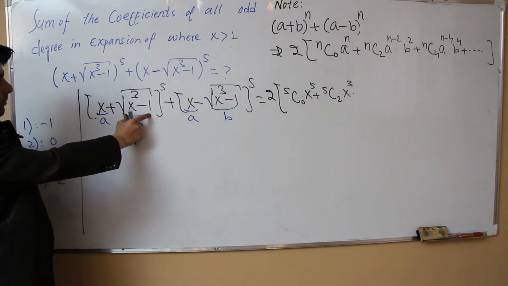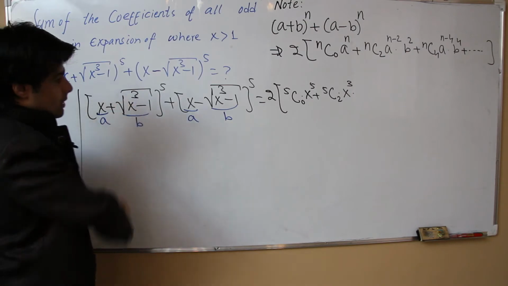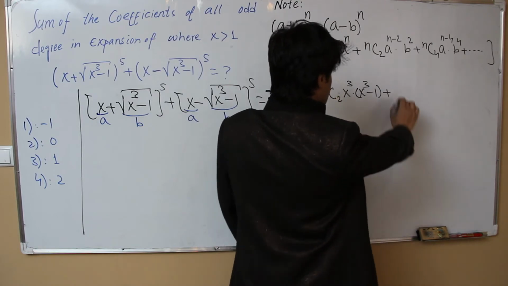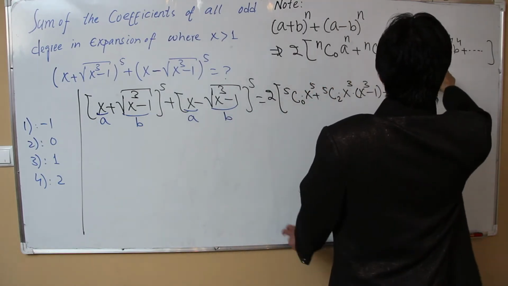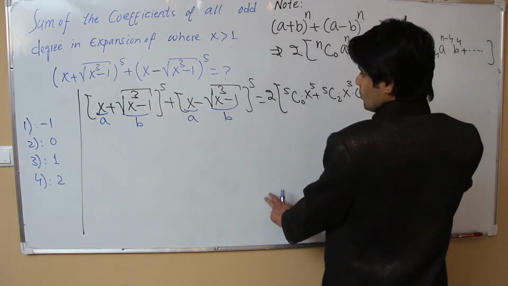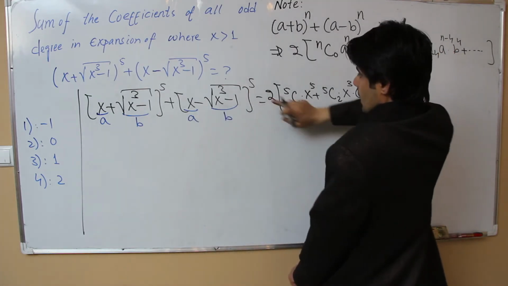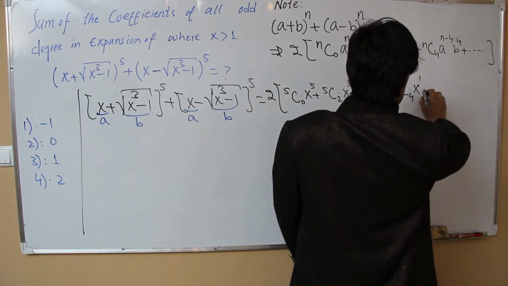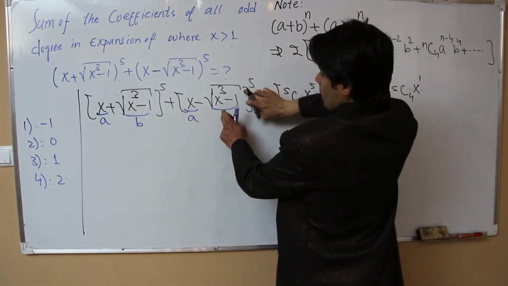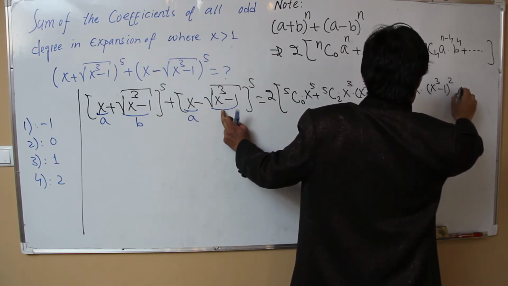This root x to the power 3 minus 1 raised to the power 2, we can cancel 2 with this one, so we have x to the power 3 minus 1, plus n, it is 5c4 a raised to the power n minus 4, what is a? It is x, n minus 4, what is n? 5 minus 4, 1 times b, this is b raised to the power 4. Now we can cancel 4 with this one, so we will find x to the power 3 minus 1 raised to the power 2.